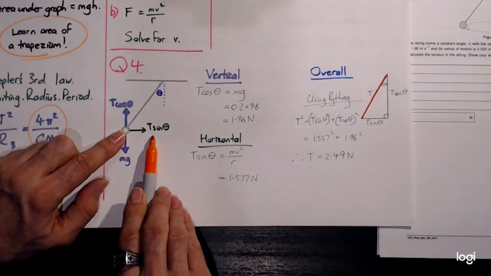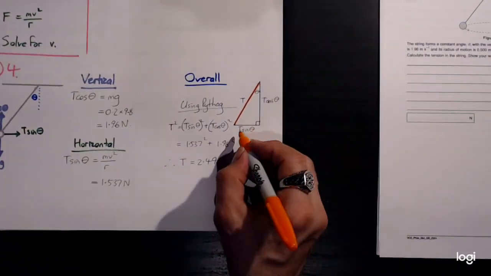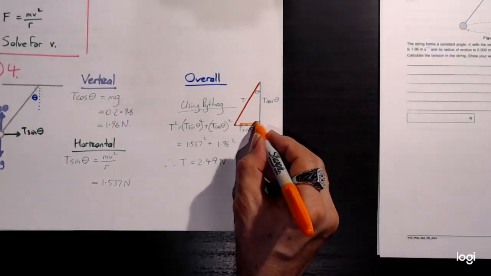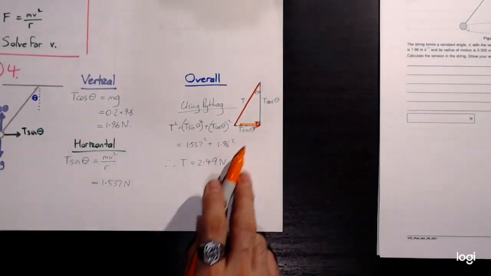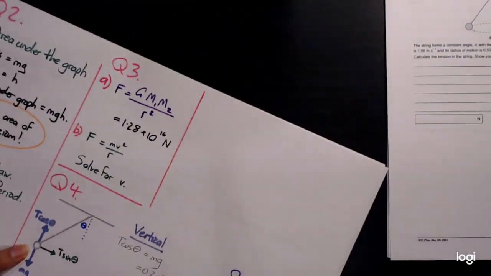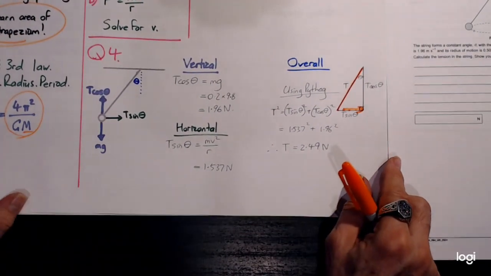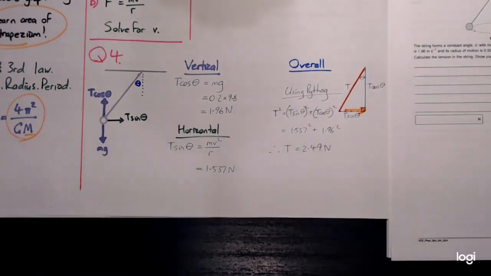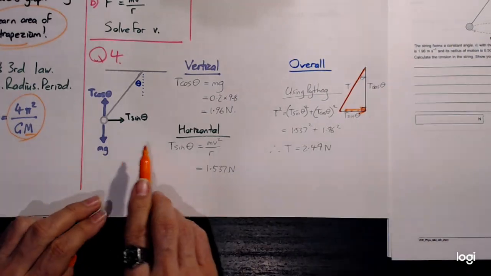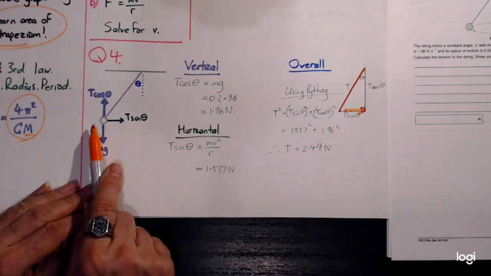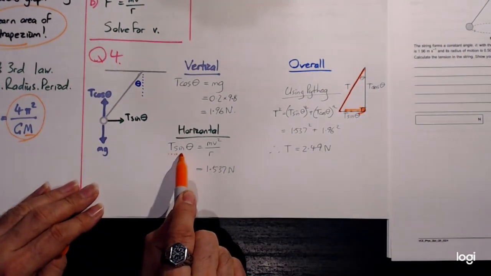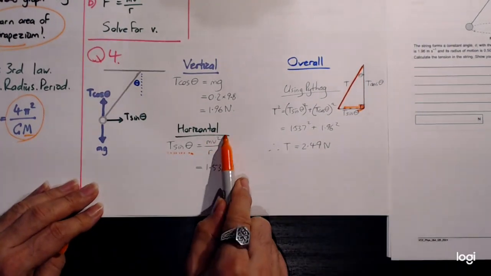Horizontally, the only thing is the horizontal component of the tension, which will be tension sine theta, right? Because you know that it's traveling in a circular path, a horizontal circle, you know that T sine theta, that force, is equal to mv squared on r, right?